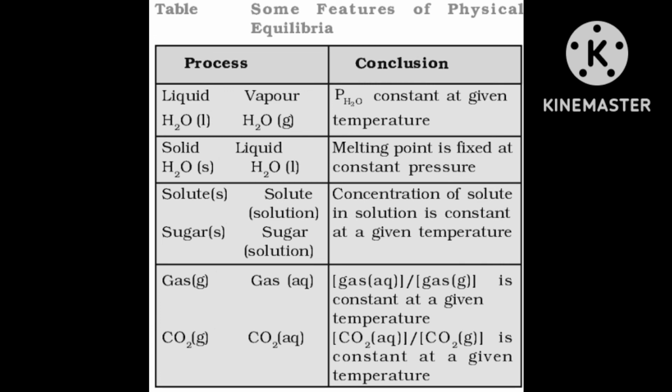First, equilibrium is possible only in a closed system at a given temperature. First important point. Closed system means a closed container. It should not be open like the atmosphere. Like a bottle, that is a closed system.